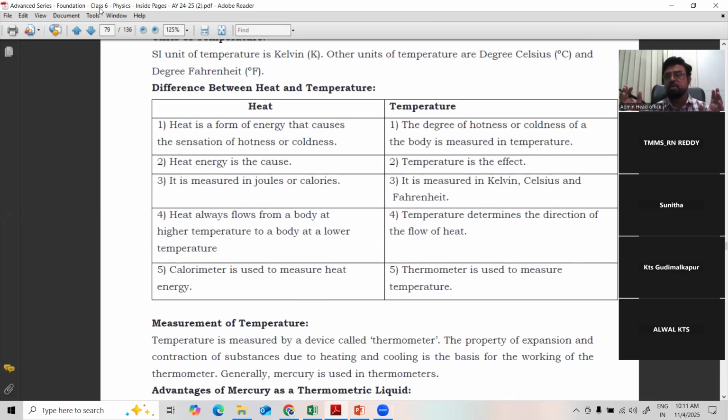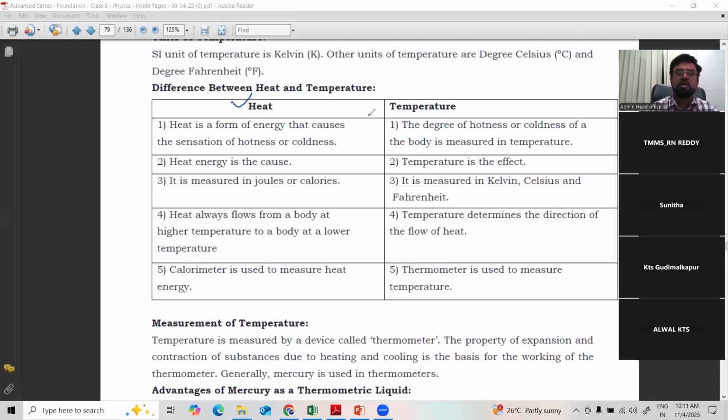Similarly, the units of temperature. The study of heat is called calorimetry, the study of temperature is called thermometry. This table explains the difference between temperature and heat. Write it in your notebooks, very important.